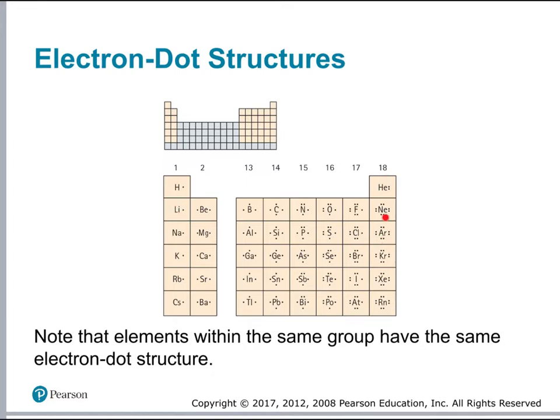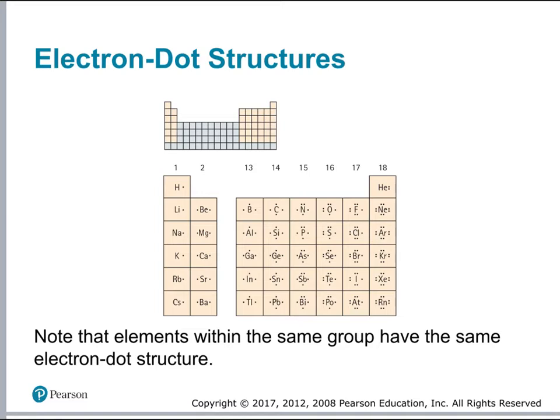These guys over here on the right, they all have their shells completely filled. So once you get a shell completely filled, you go to the next row on the periodic table. And remember, these rows are called periods. Each period is caused when the electron shell is completely filled, and then you add 1 more electron that brings it to the next period.